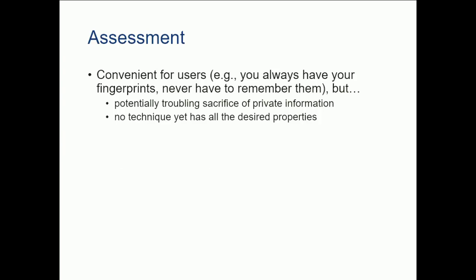Whenever we have a candidate biometric, we always want to do an assessment of whether it's secure and whether it's convenient. For any authentication technique, especially user authentication techniques, there are two most important assessments: security and usability.